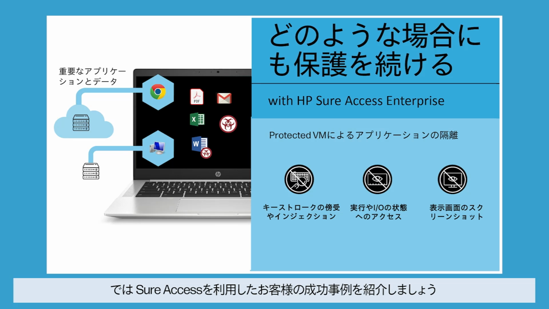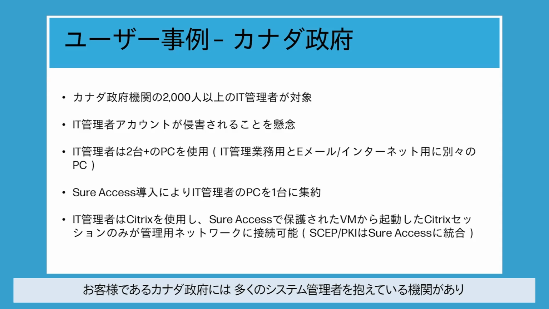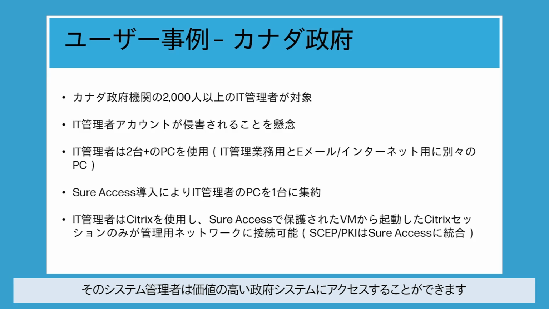So now let's talk about a customer success case for where we've used Sure Access. We have a Canadian government customer, an agency that has a lot of system administrators. And these system administrators have access to high-value government systems.